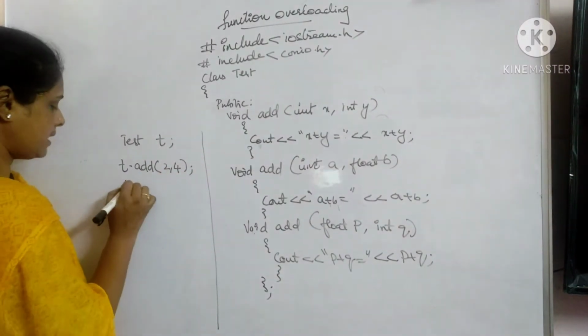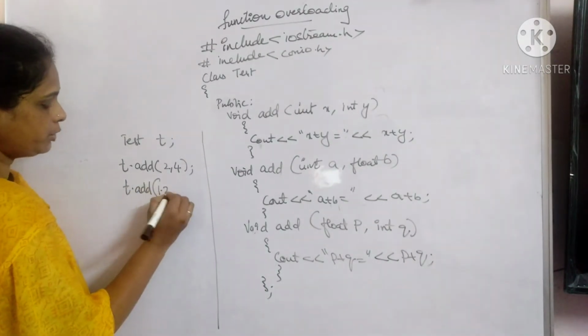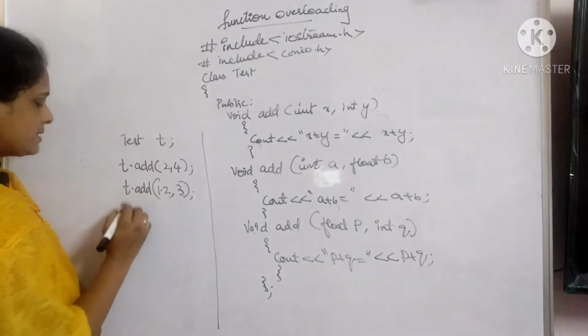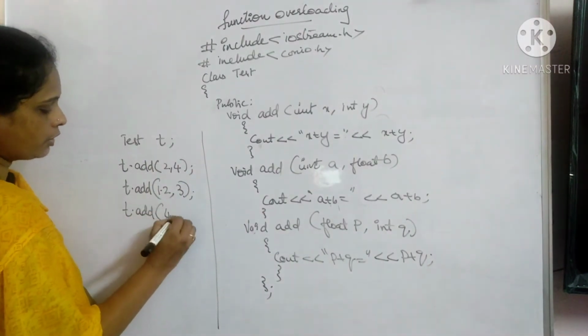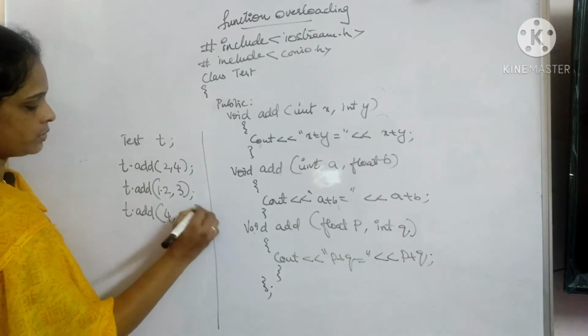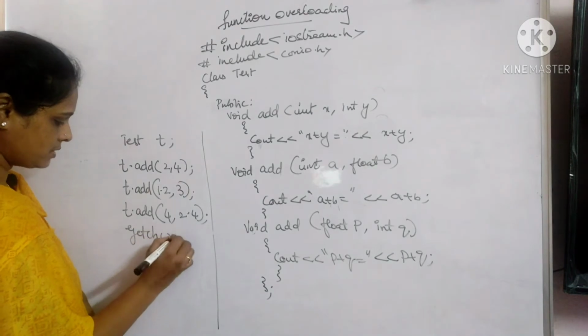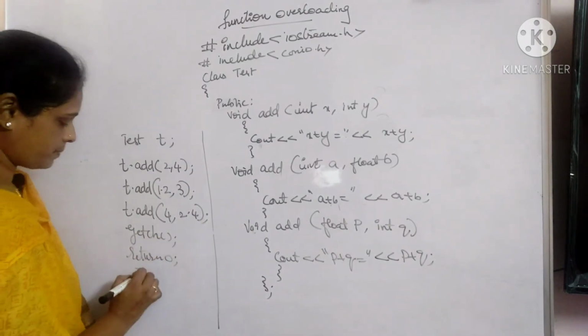I'll call it once again, t dot add 1.2, 3. I'll call it once again, t dot add 4, 2.4. Finally, getch and return 0 and stop.